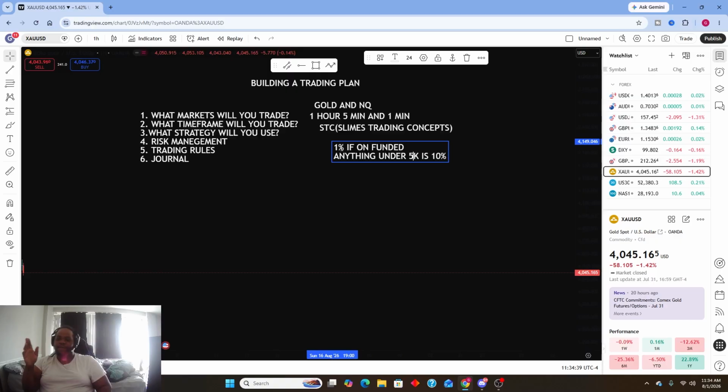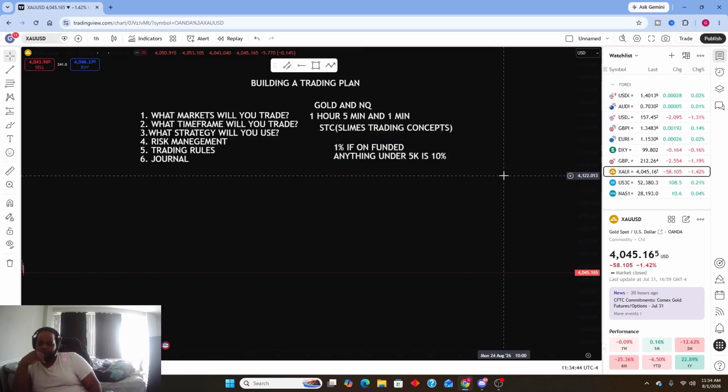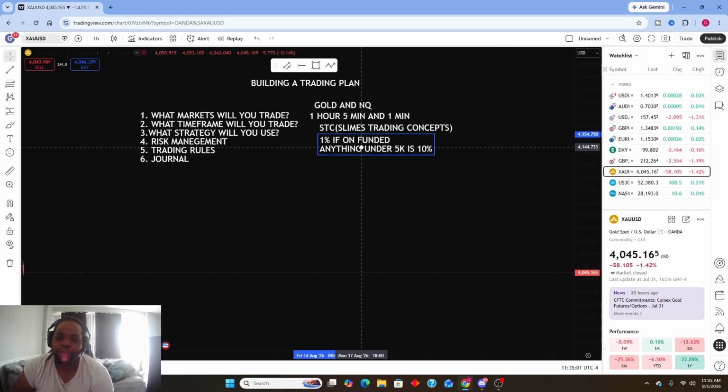When you get in the 5K marks, that's when you want to drop down to 1%. Anything under 5K, 10%. If unfunded, 1%. Because they give you 50K, you could risk 500. They give you 25K, you could risk 200. Cool.